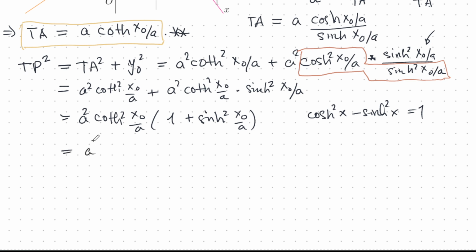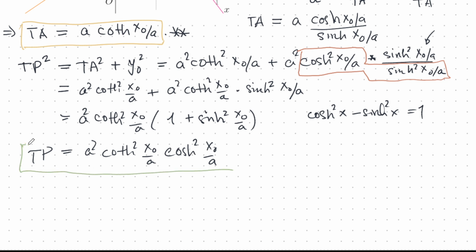This becomes a squared coth squared of x0 over a times cosh squared of x0 over a. So we have a more compact expression for TP, sorry, not TA. It's so easy to make a mistake. TP. Great.